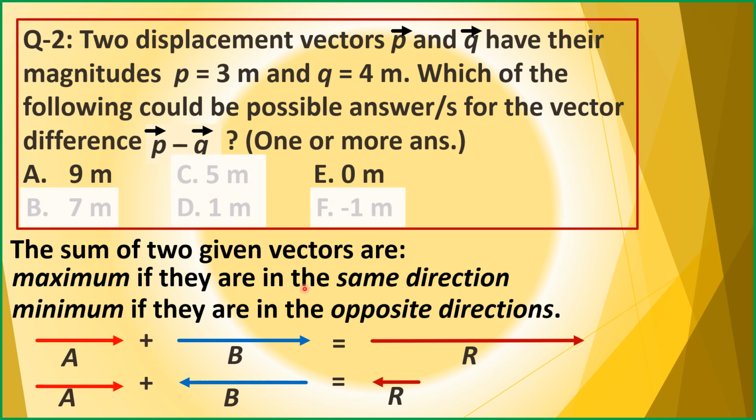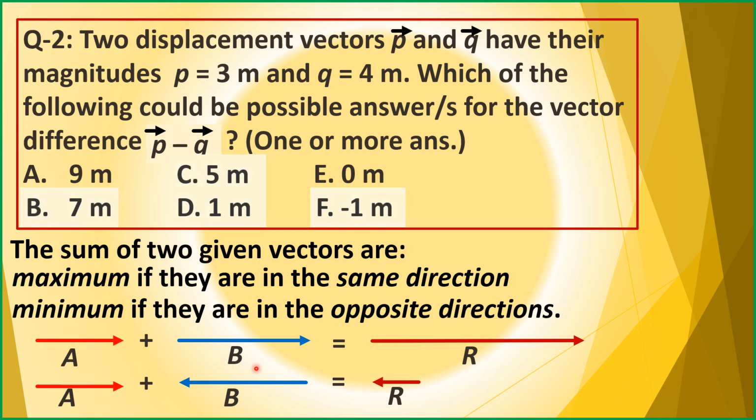Because according to our concept here, the maximum possible answer is only positive 7 meters. And that is letter B. All answers greater than 7 meters, that includes 9 meters, are not possible answers.